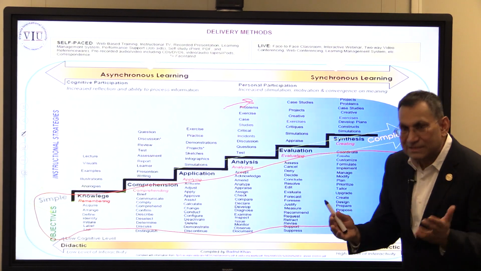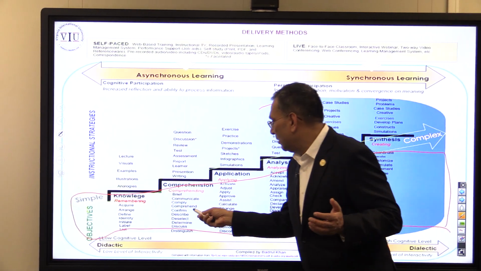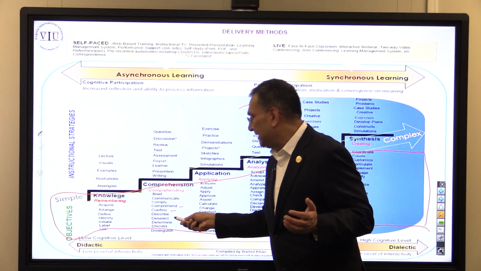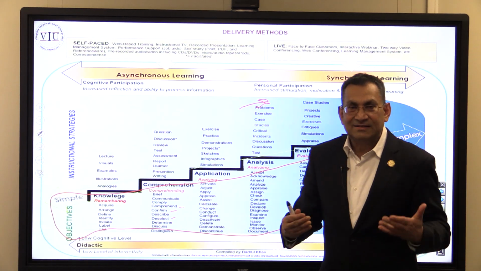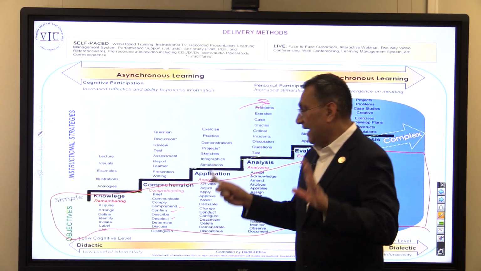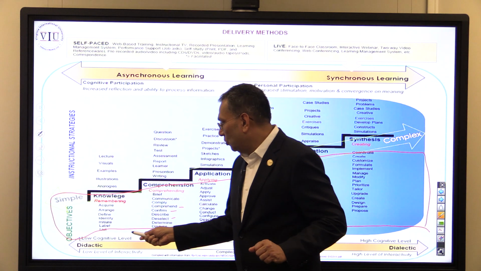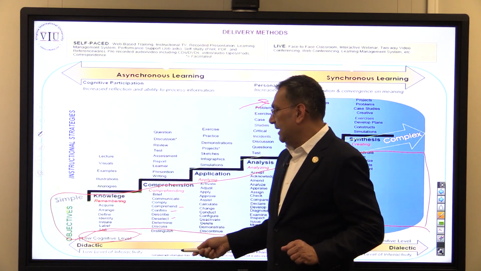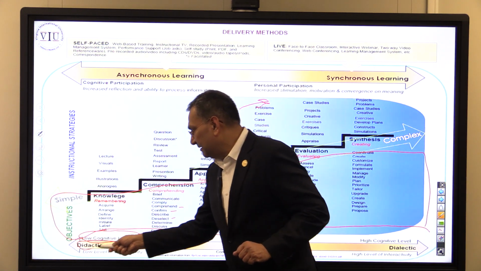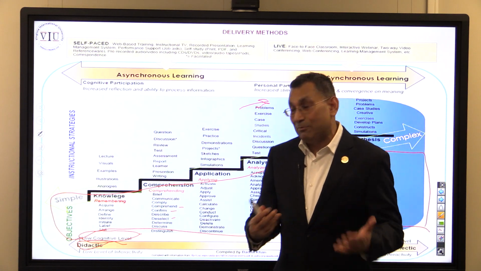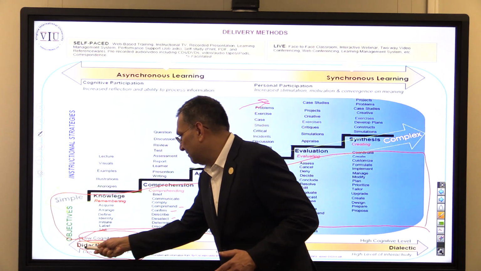Because if you have an objective of the course where they want someone to define, describe, comprehend, and select, these contents are low cognitive. I call them low cognitive level. And they are didactic in nature, and need a lower level of interactivity.